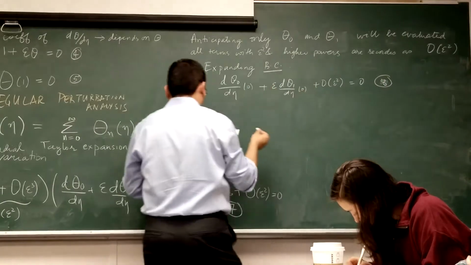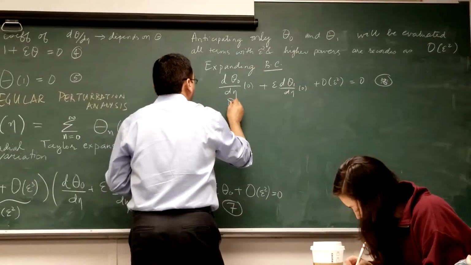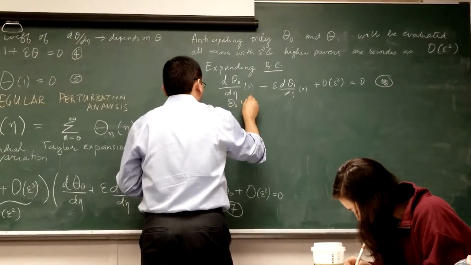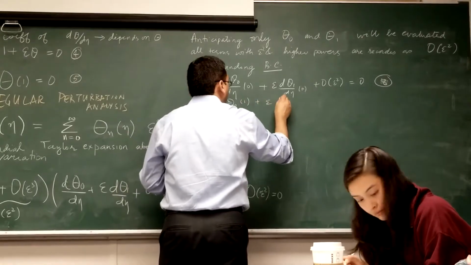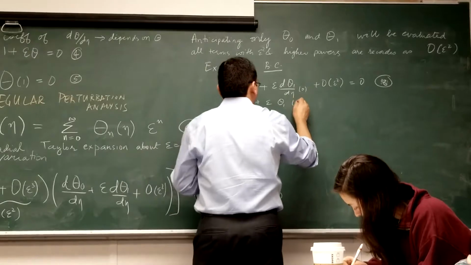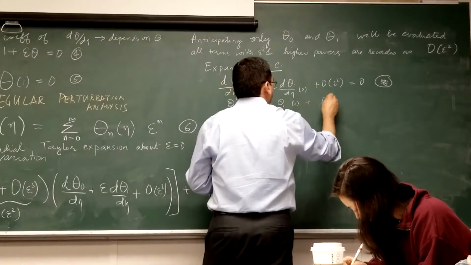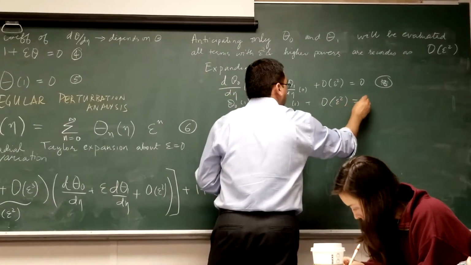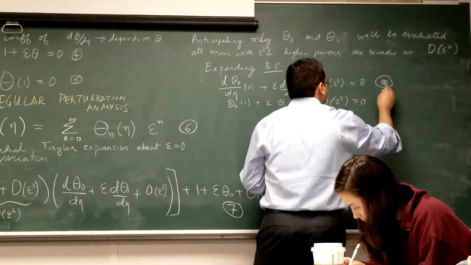And then the other condition gives theta naught at 1 plus epsilon theta 1 also evaluated at 1 plus order epsilon squared is 0.